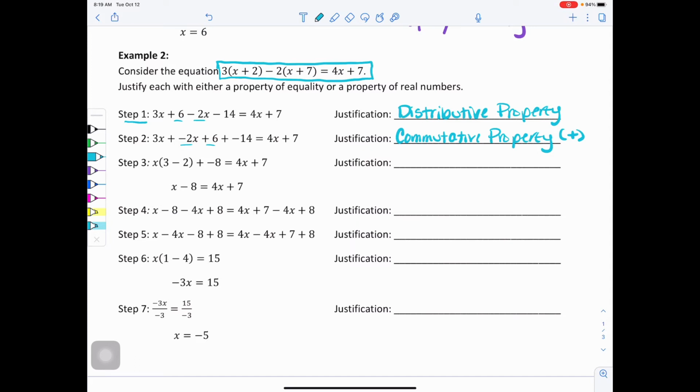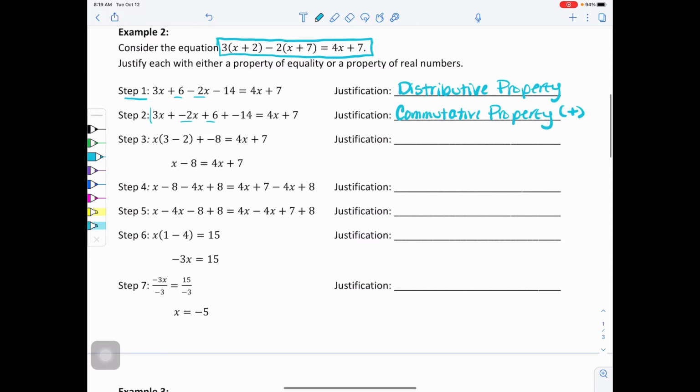The x has come out and the 3 and the negative 2 have remained behind in the set of parentheses. So I'm referring to this section here compared to this section here. So this is an example of the distributive property. And you can see what they've done is then simplified that to get this step right here.